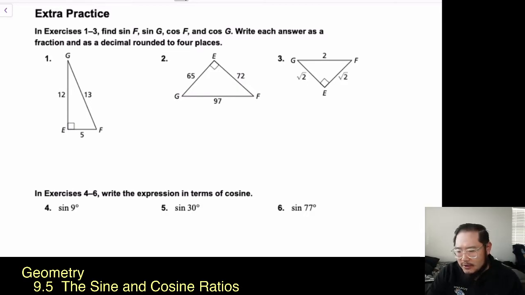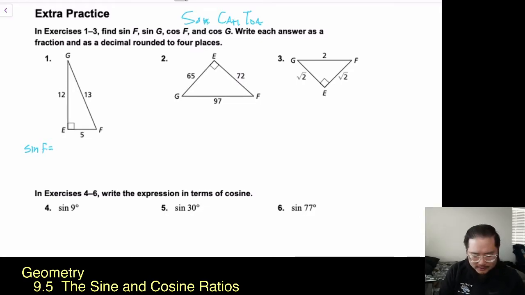So let's go ahead and start right here. We don't know what the angle is other than we know that we're looking at angle F. So I'm going to put sine of F. And remember, once again, SohCahToa. I'll put it up right here. SohCahToa. And so sine is opposite over hypotenuse, right?